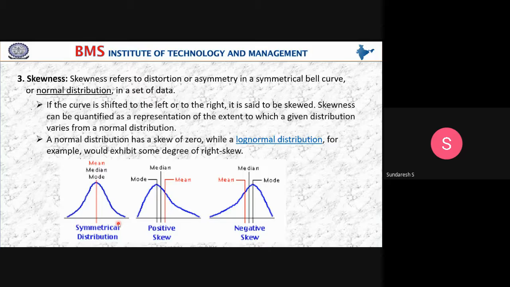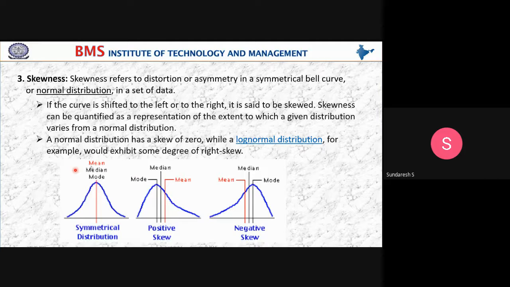Skewness can be quantified as a representation of the extent to which a given distribution varies from a normal distribution, right? A normal distribution has a skew of 0, while a log normal distribution, for example, would exhibit some degree of right skew. Look at these three curves on the slide.